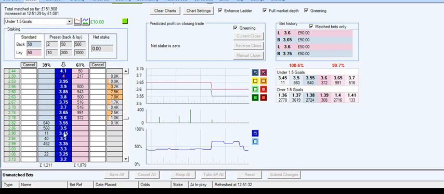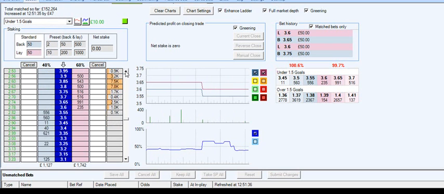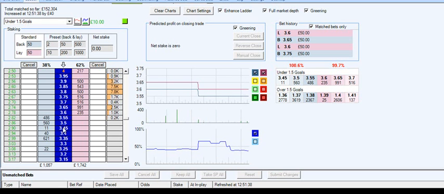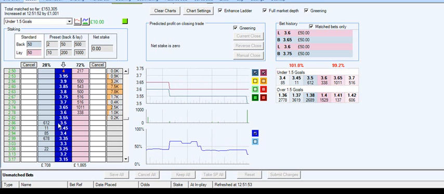There's no rush, very little action happening. So you take your time, you wait for the ideal opportunity, and jump in. There we go. You see we've got a gap at 3.55. Someone else has done the same thing, so our money has been matched there.